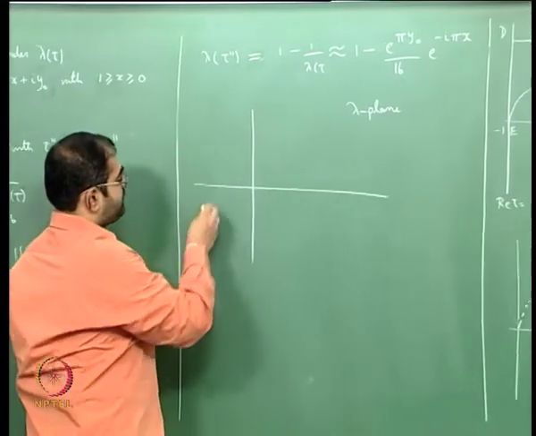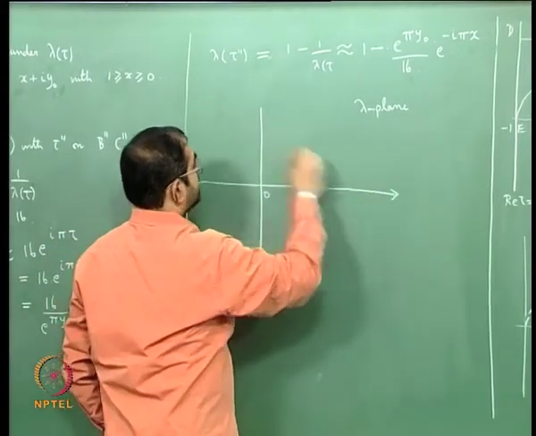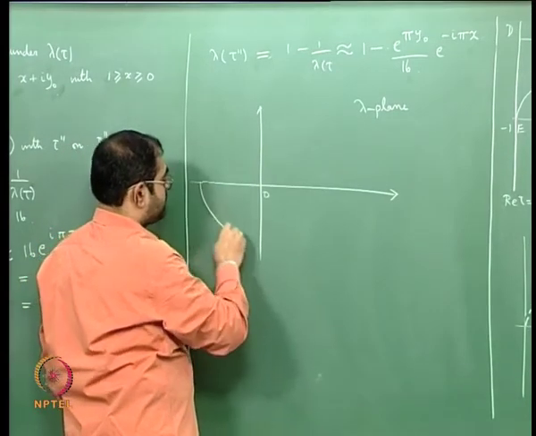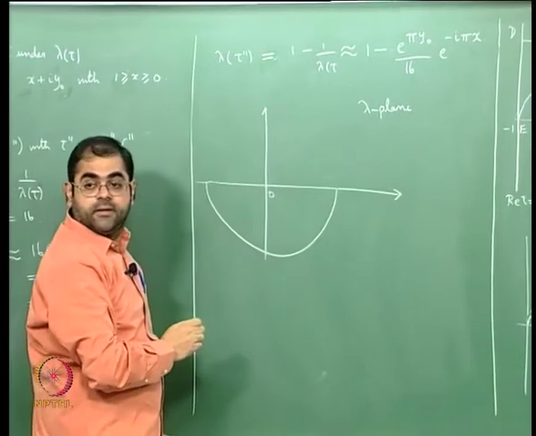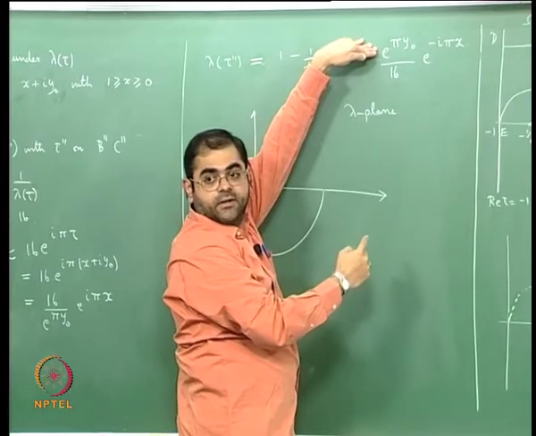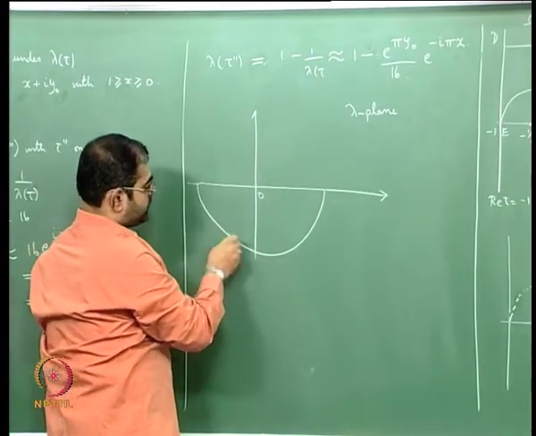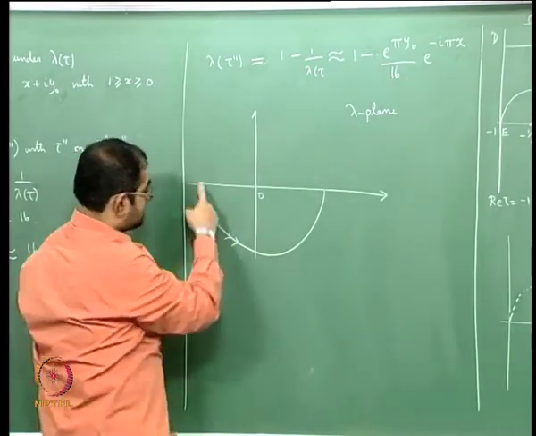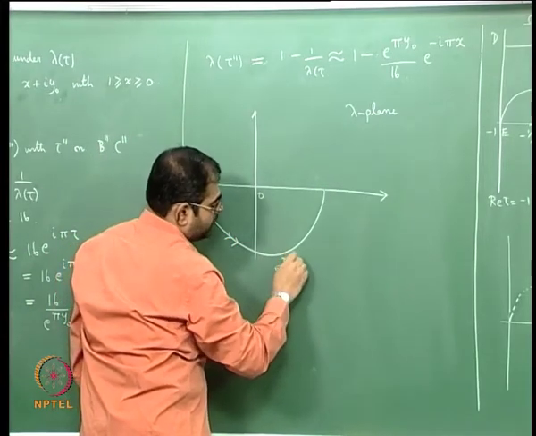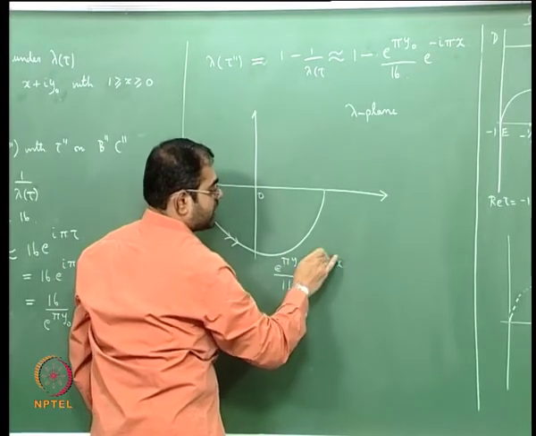So I will trace a circle centered at the origin, a rather large one. I will trace a semicircle, so I will get this. The angle changes from minus pi to 0. So this is what you will get for e power pi y naught by 16 times e power minus i pi x.